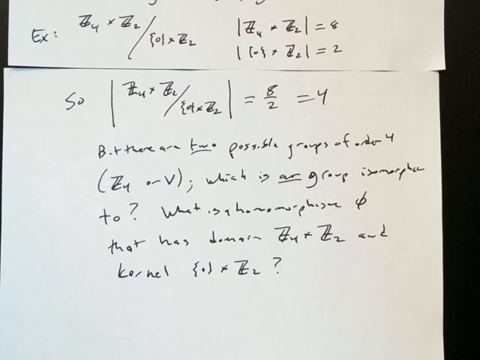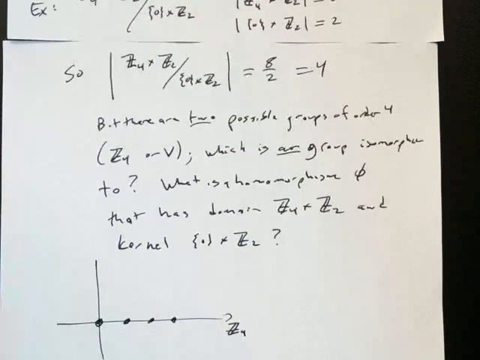Rather than a whole axis of numbers, I'm just going to get 0, 1, 2, 3 in the Z4 direction, and then 0 and 1 in the Z2 direction.